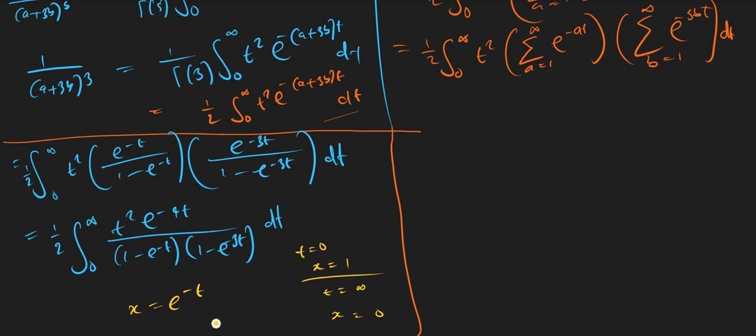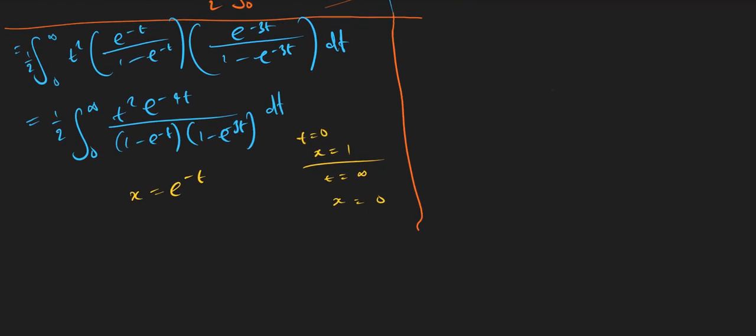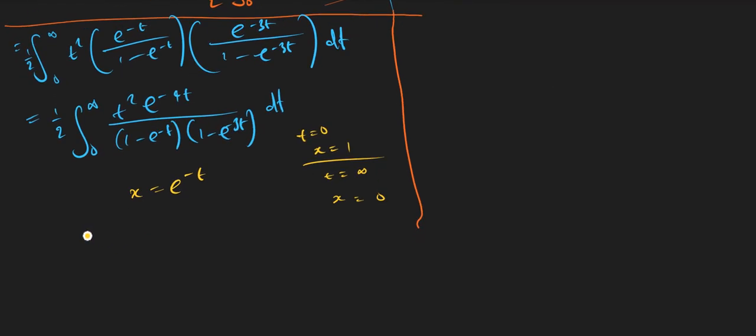And then notice that if x is e to the negative t, then this means that negative t is equal to log x. So t would be negative log x. Okay, so therefore dt would be negative dx over x.